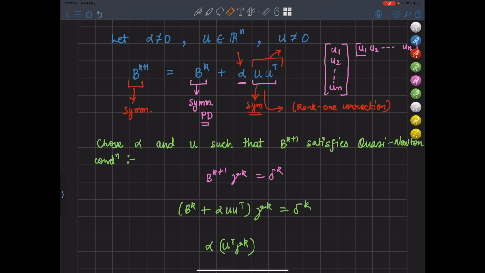Please note, because vector multiplication is associative, you can multiply u transpose gamma k first, which will give you a real number, and u can still be a vector. So this comes out, you first multiply these two to give a real number, and then u comes out. This equals delta k minus bk gamma k.